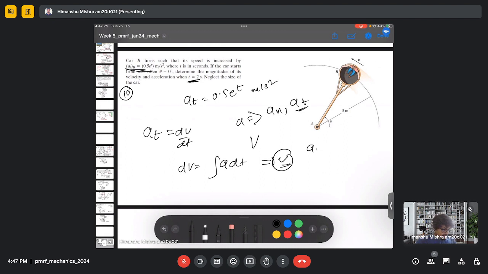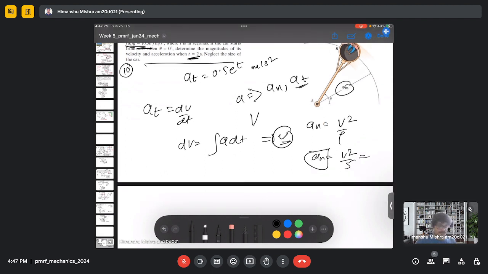And then to calculate the normal component of acceleration, you can use v square by rho. This rho is 5 meter, so you will get v square by 5, and you will get some magnitude of an. So it is the same question that we have solved. You can do this question by yourself, and you can move ahead to the next question.